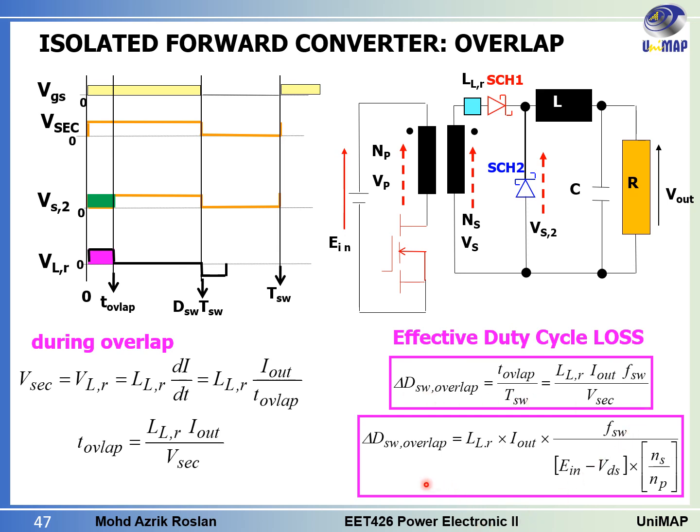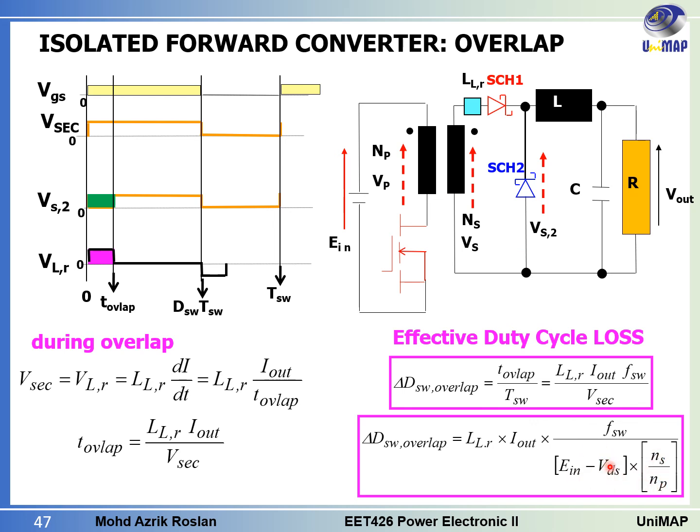Finally, we can replace the V secondary here with E in multiplied by NS over NP, which is just the equation that relates the primary and the secondary.